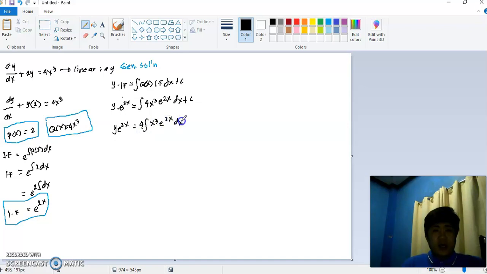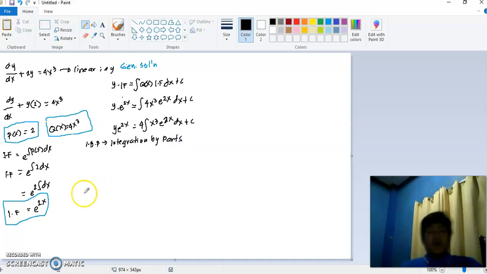In this case, we cannot use 2x as u, compared to the last time, when we had y squared that we could use so that we can cancel. Because when we differentiate 2x, you only have 2, and that is not x cubed. We cannot cancel. So therefore, we will be using IBP, not blood pressure, but integration by parts.